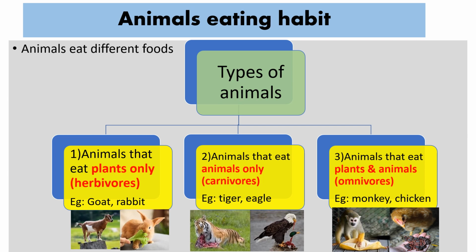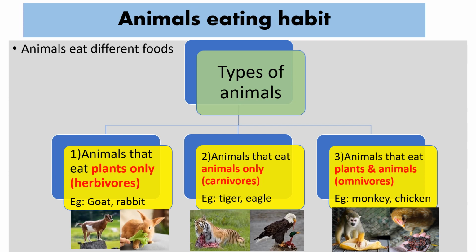Second type is animals that eat animals only, which we call carnivore. And third is animals that eat plants and animals. That is what we call omnivore. I repeat, animals that eat plants and also animals. So this animal eats both, so we call it omnivore.